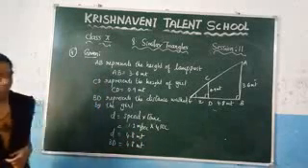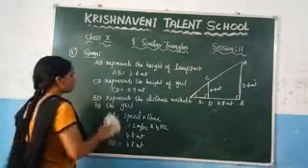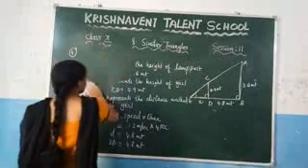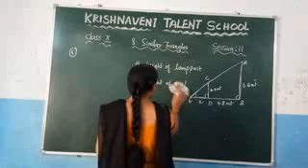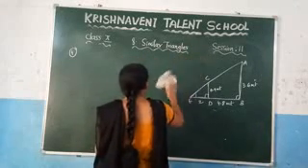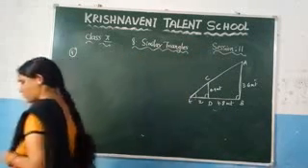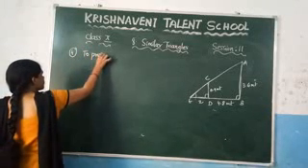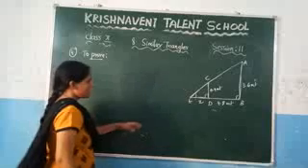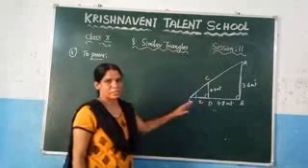Now here, this is the given here. What we need to prove? Write it here. To prove the height of the girl's shadow.